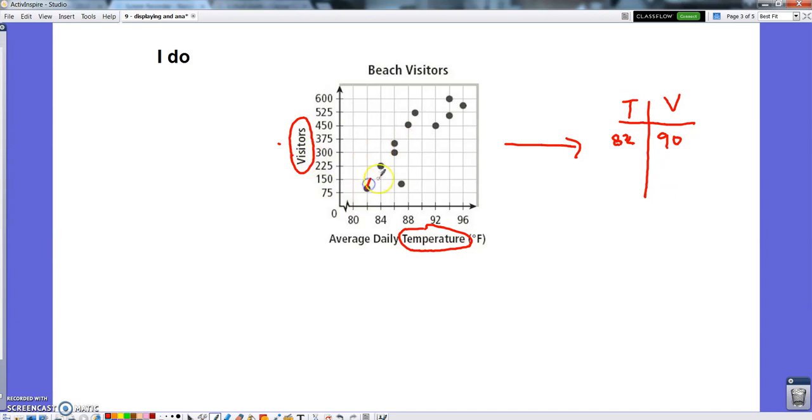When it was 87 degrees, there were, I'm going to say that's 125 visitors. When it was 84 degrees, there were 225 visitors. When it was 80, got that one. When it was 86 degrees, 300. And so I can make the T-chart that goes with this coordinate plane.